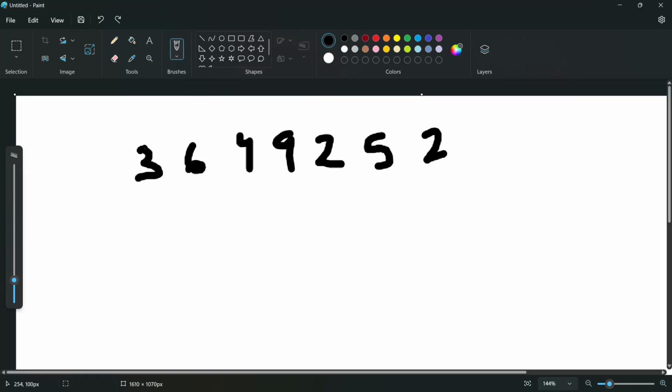So suppose this was 9 and we are starting from 6 and removing 9, you would say, but if we included 9, this would have been a decreasing array, right? But the thing is, we must have started at 9 as well, and when we started at 9, we must have included this part. So when we start at 6, we don't care if the previous elements were greater than 6, smaller than 6, or equal to 6.